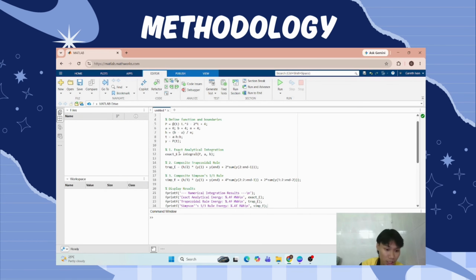MATLAB calculates the estimated energy based on the sample data points. After that, the composite Simpson 1/3 rule is applied. Since the function is a cubic polynomial and the number of intervals is even, Simpson's rule is expected to provide a highly accurate result. Finally, the results are displayed in the command window.